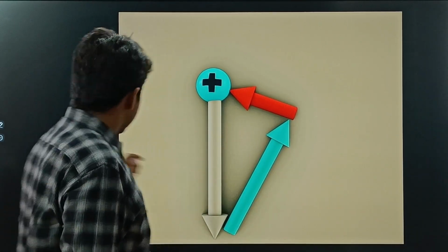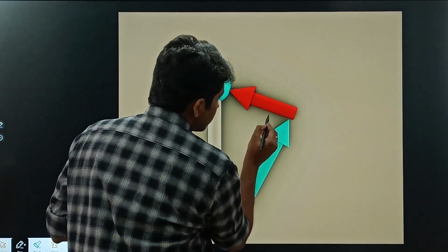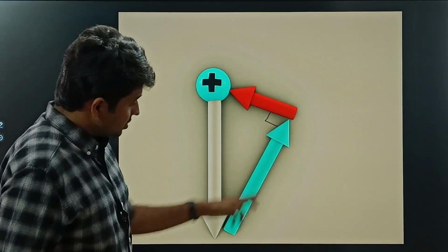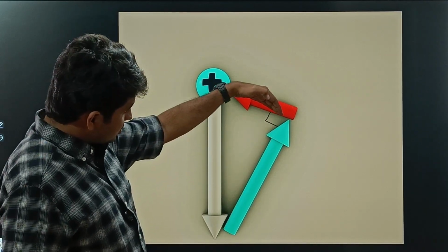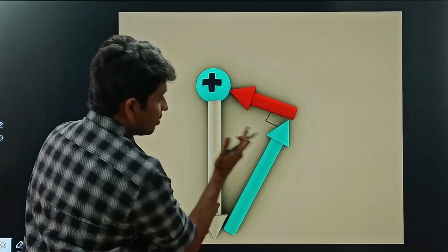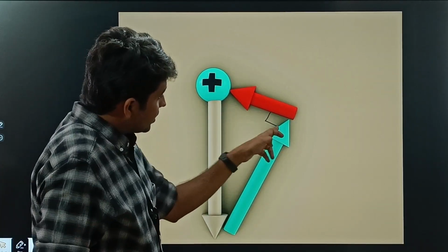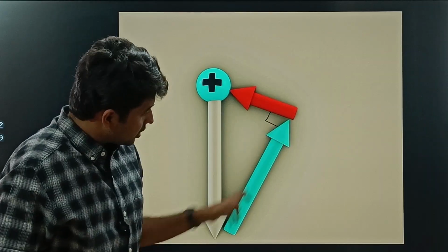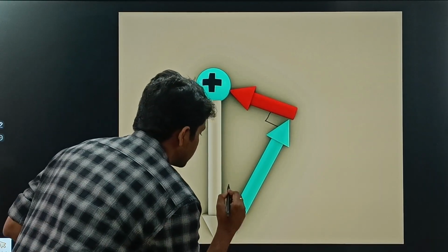And at that point, we can say that this friction is perpendicular to the electrostatic force. Okay, if this comes still this side, the angle will decrease. If it goes still that side, again the angle will decrease. So exactly when the angle between the friction and the electrostatic force is perpendicular, this beta will be maximum.